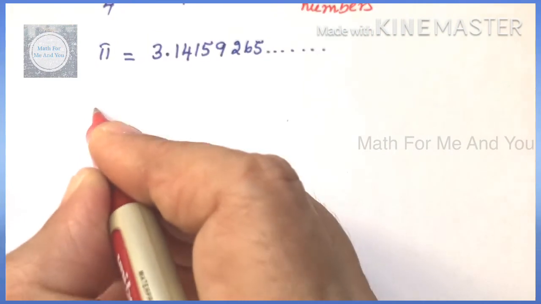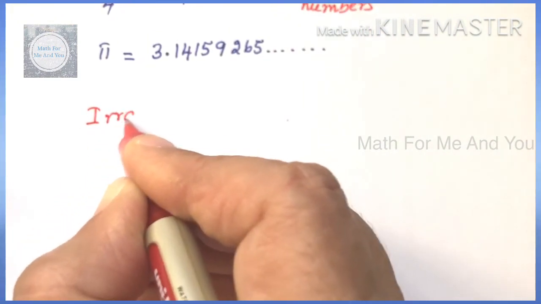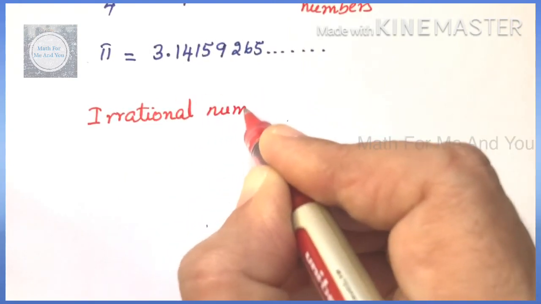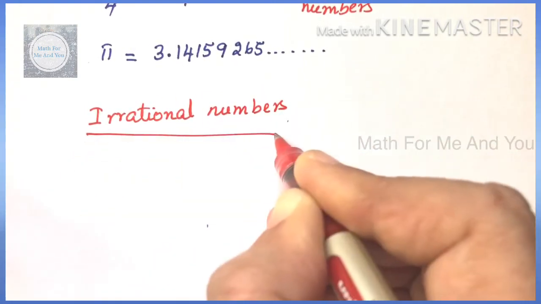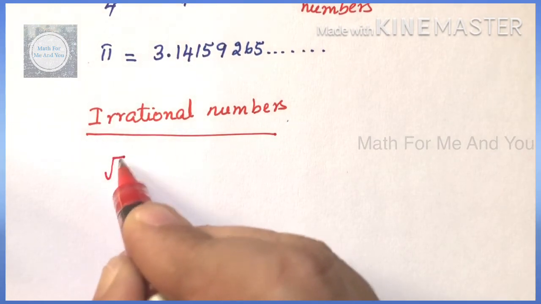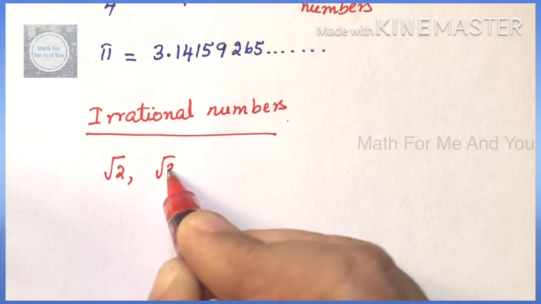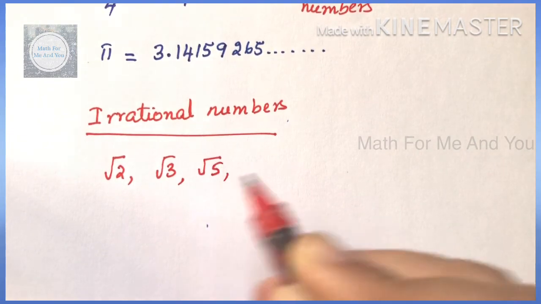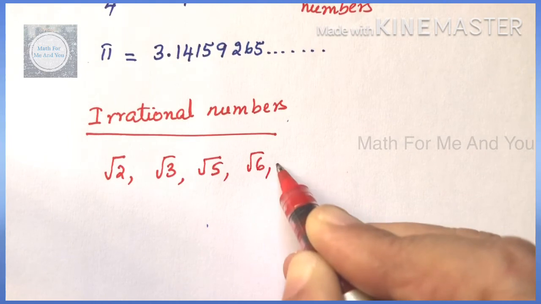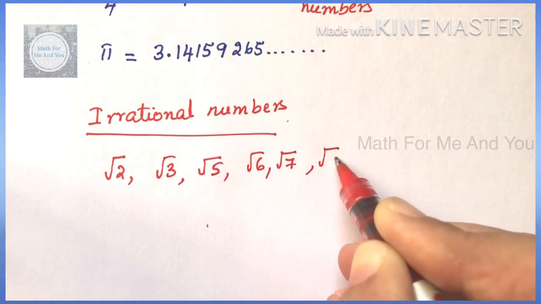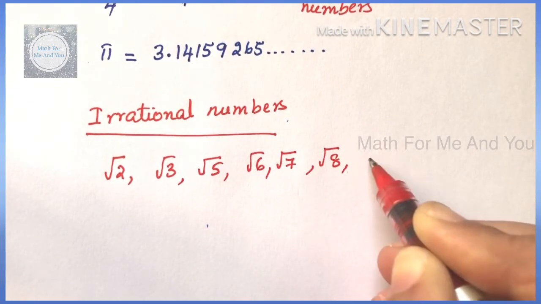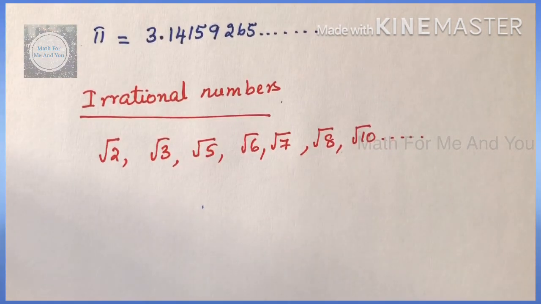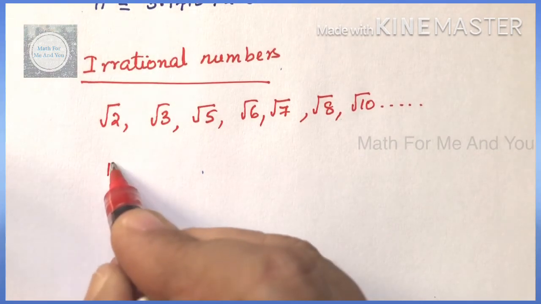After all these discussions, we come to the conclusion that in the set of irrational numbers, we can see three different types of numbers. First, root numbers where the number inside the root is not a perfect square, like root 2, root 3, root 5, root 6, root 7, root 8, then root 10, root 11, because the numbers under the root are not perfect squares.